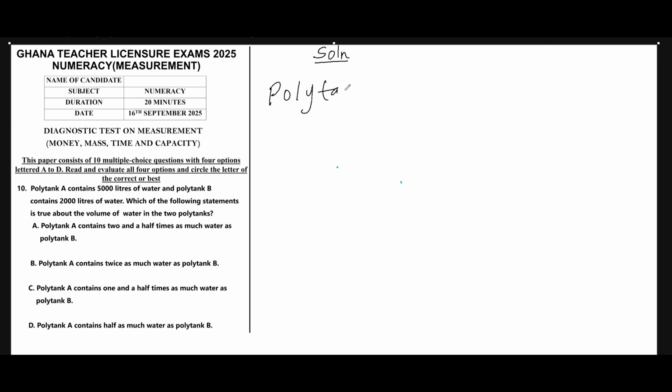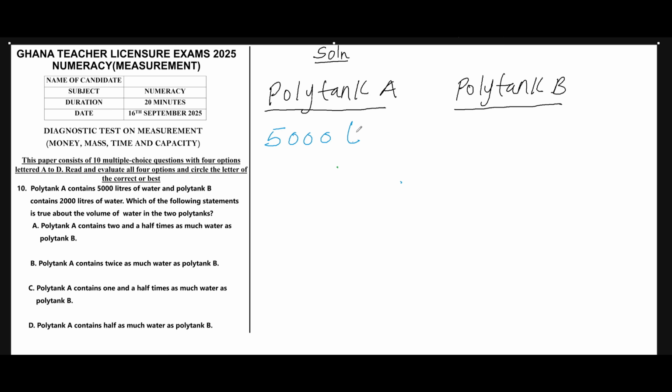We have polytank A and polytank B. We've been given the capacity or the volume of each of the polytanks. For polytank A, its volume or capacity was given as 5,000 liters. That of polytank B was given as 2,000 liters.